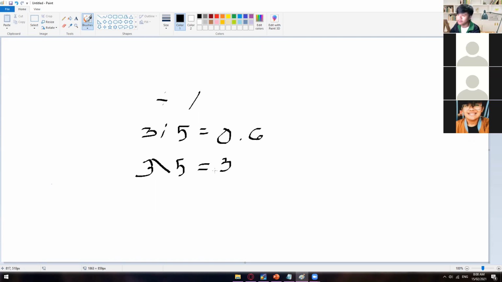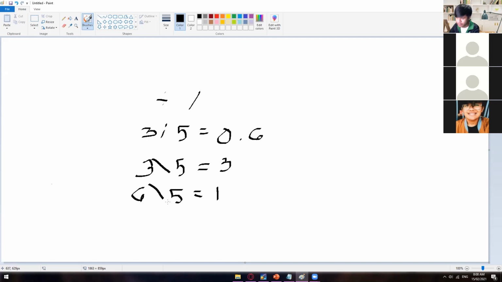So how did this happen? Because in modulo, what we're trying to get is the remainder. Let me give you another example. 6 modulo 5. The remainder of this one is 1. So that's the answer.